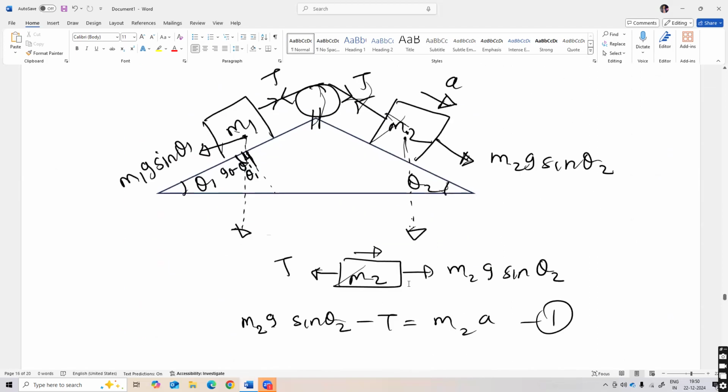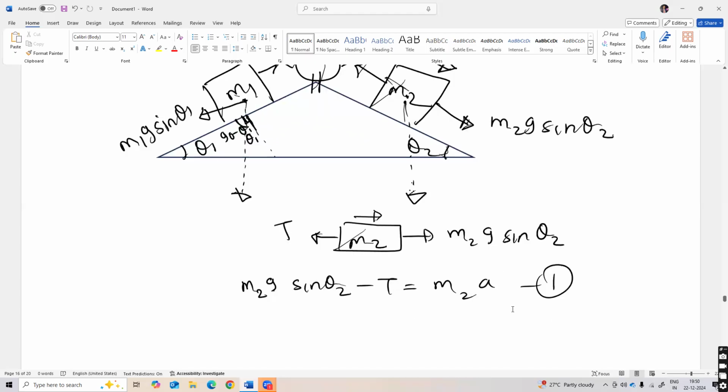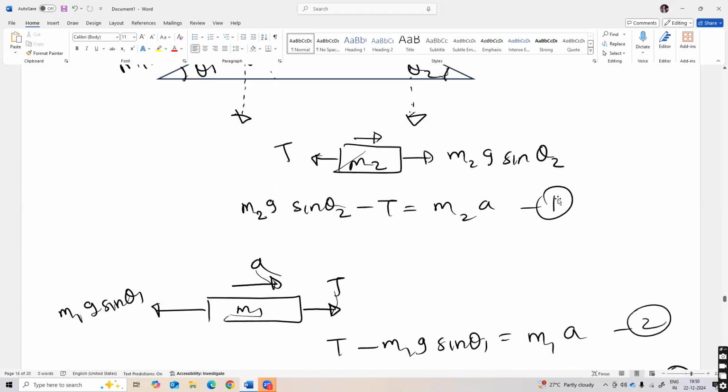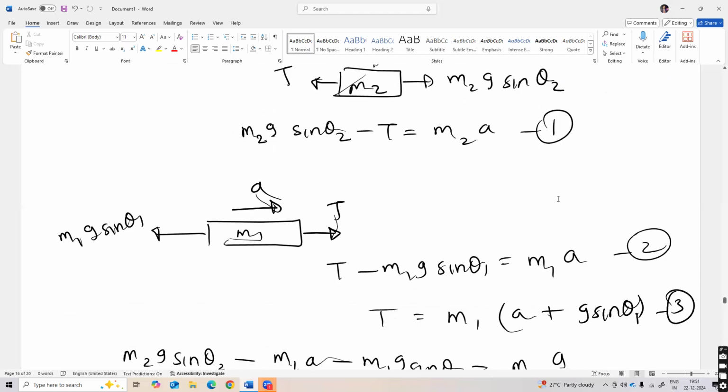For the second object, m2 g sine theta 2 was acting towards the right. So m2 g sine theta 2 minus T is equal to m2 a. This equation is correct. The second equation, T minus m1 g sine theta 1 is equal to m1 a, is also correct.